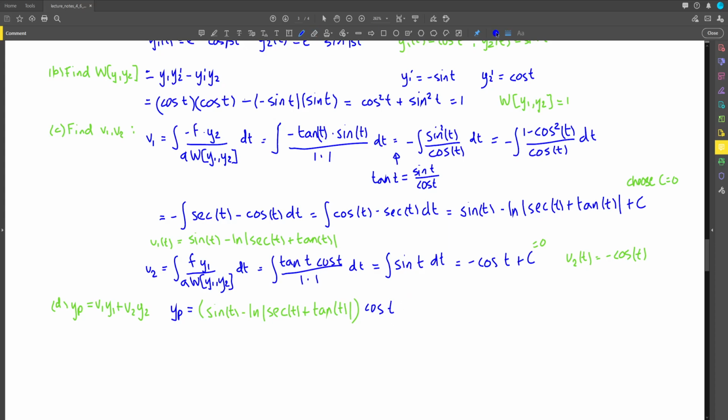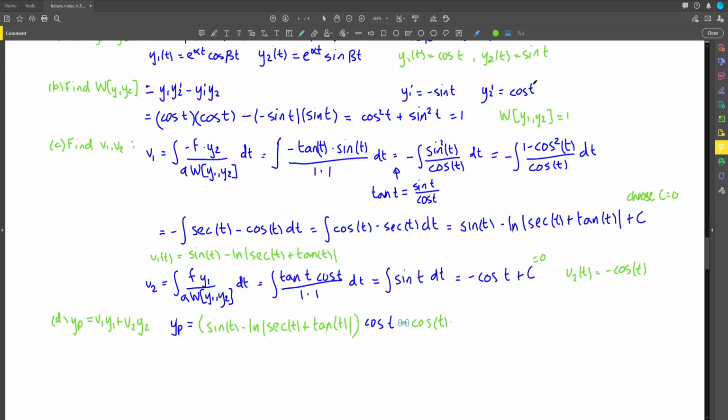So that is minus cosine of t times y2, and y2 is sine of t, so that's minus cosine t times sine of t.